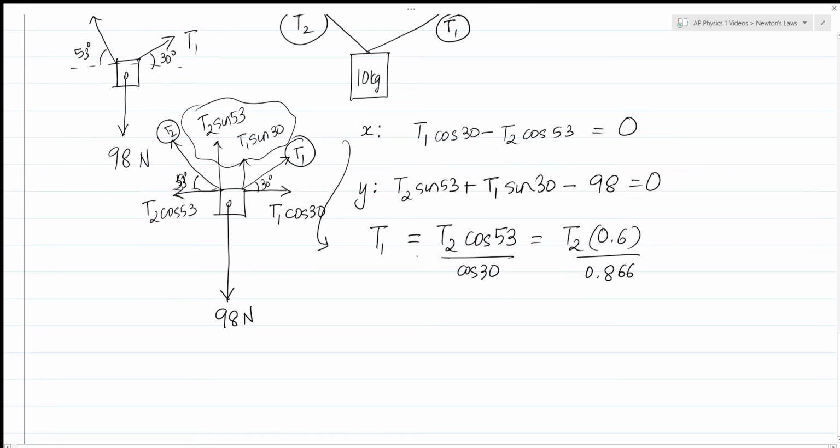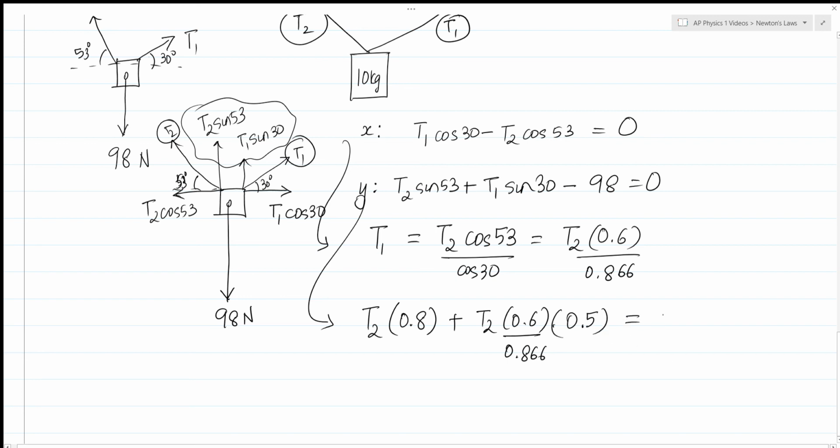Now we can take this value of T1 and substitute it into equation 2. What we'll have is T2 times sine 53, and sine 53 is approximately 0.8, plus T1, which is T2 times 0.6 over 0.866, multiplied by sine 30, which we all know is simply 0.5.